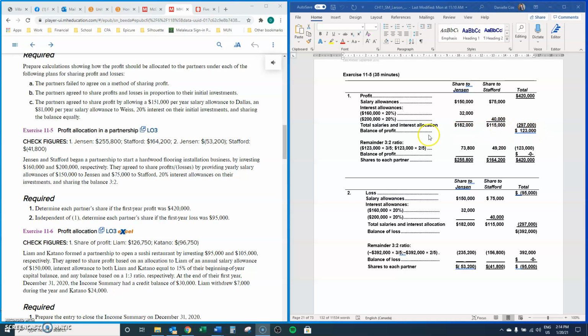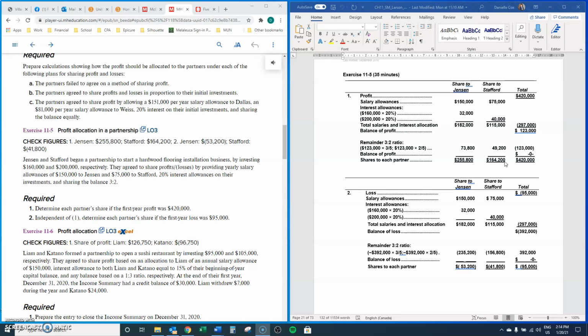So the remainder is $123,000, so $123,000 times 3/5 to Jensen, $123,000 times 2/5 to Stafford. That allocates out the remaining profit, and their shares that each partner gets in are here.